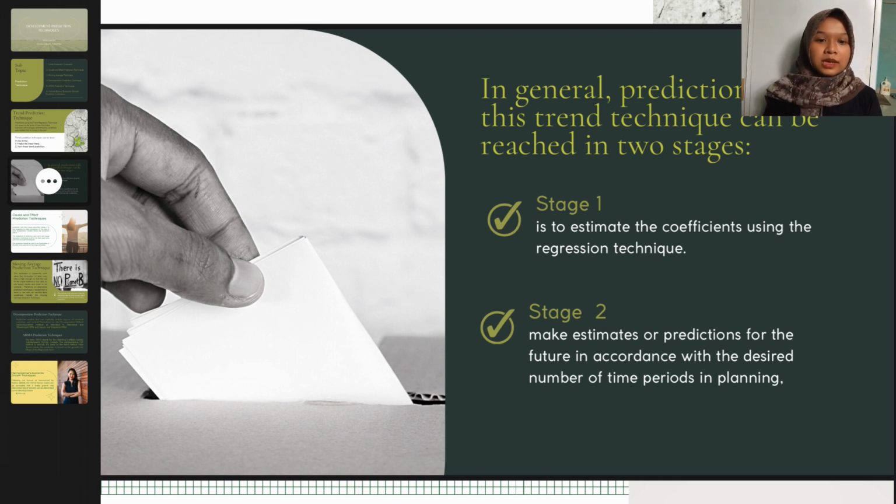There are at least three types of statistical tests that are commonly used, namely the t-statistic, F-statistic, and coefficient of determination. The second stage is to make a prediction for the future according to the desired number of time periods in planning, whether 1 year, 5 years for RPJM, or 20 years for RPJP.